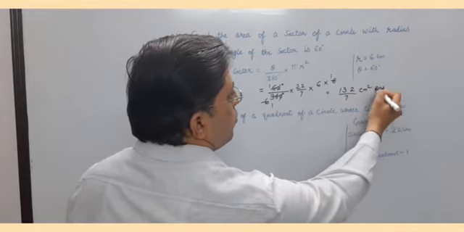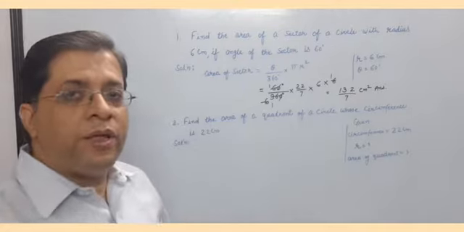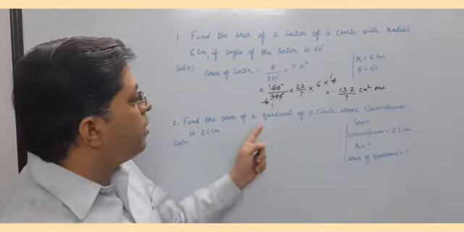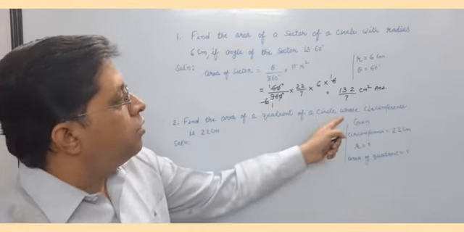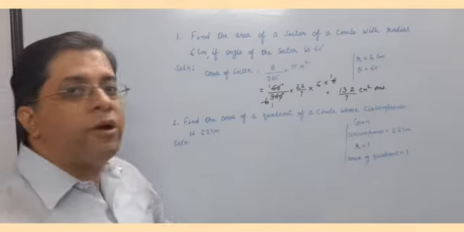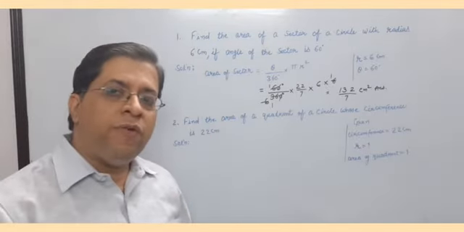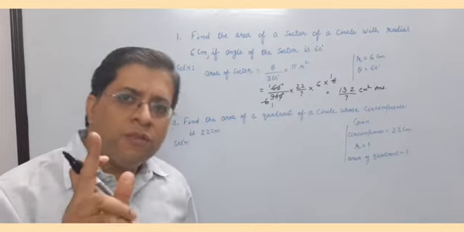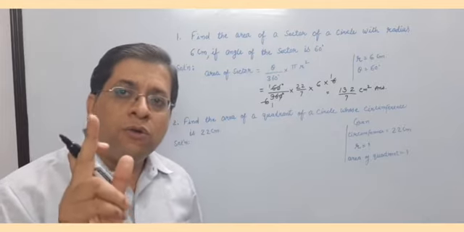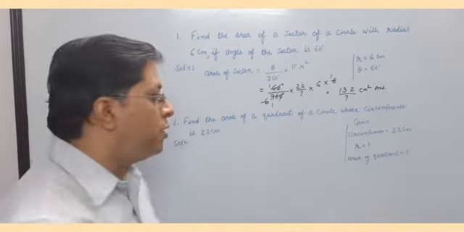This is your answer. The next one: find the area of a quadrant of a circle whose circumference is given to you as 22 centimeter. The circumference of a circle is what? This is 2 pi r, right? 2 pi r is the circumference of a circle.